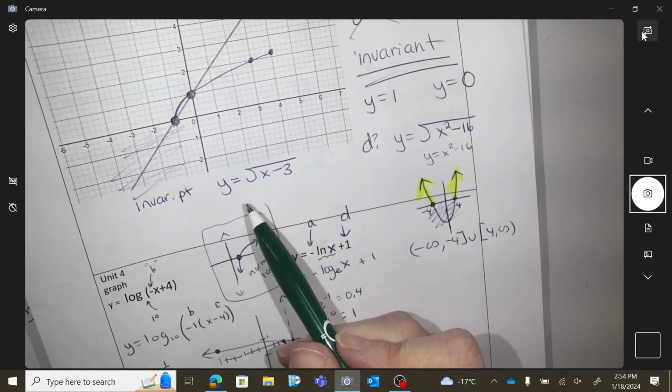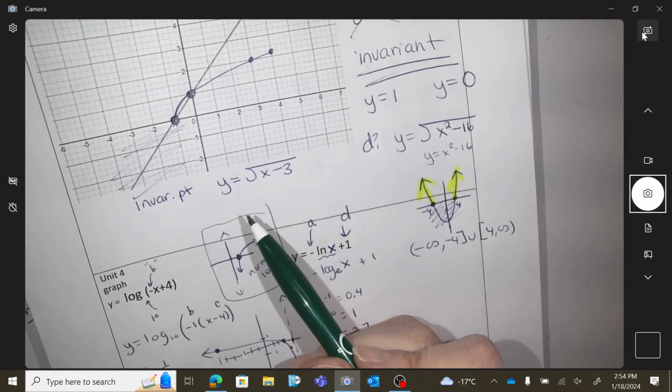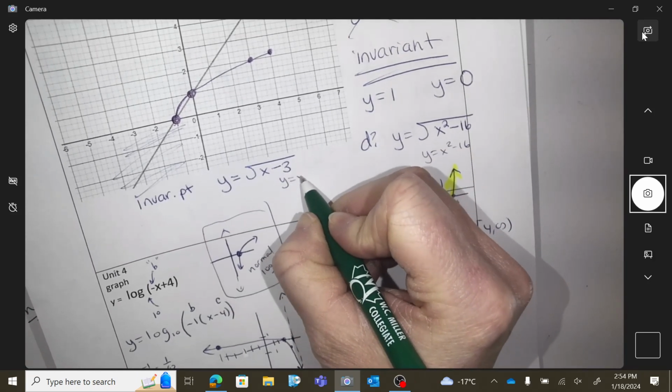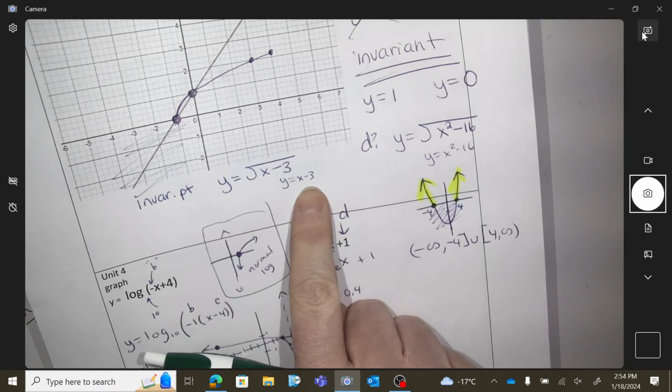So you could go about this if you're a graph person or an algebra person. You could do it either way. So if you were a graph person, what do you know about this? What is the shape of it?